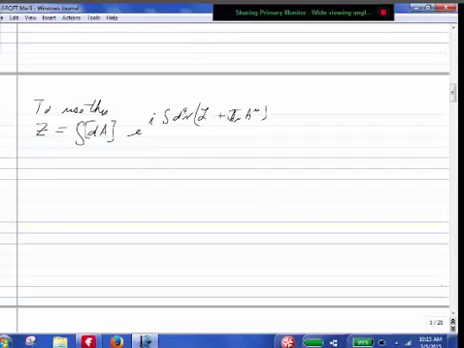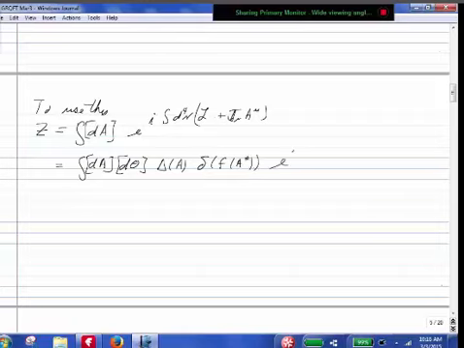To use this, we've got some generating functional, which is the integral over all the gauge fields, the path integral, e to the i integral d^4x, the Lagrangian of QED, maybe, and then a J mu A mu piece. So you add a source if you want.